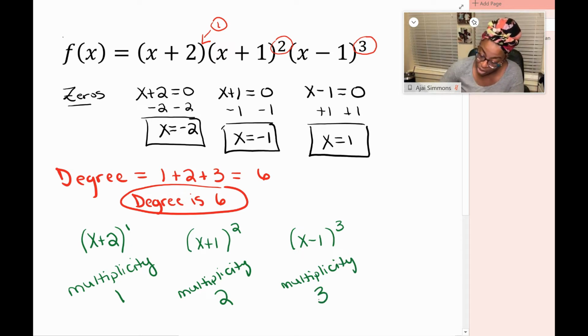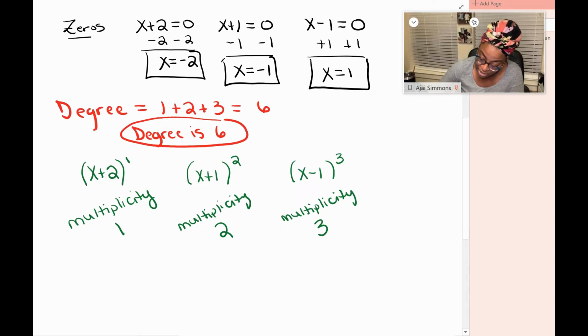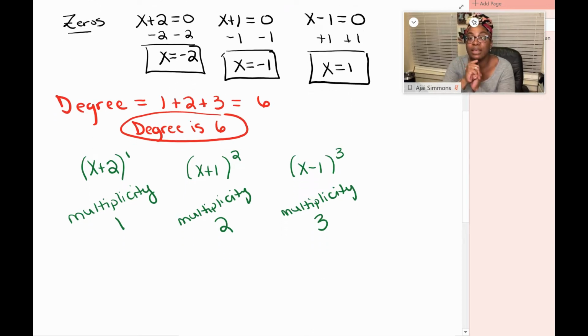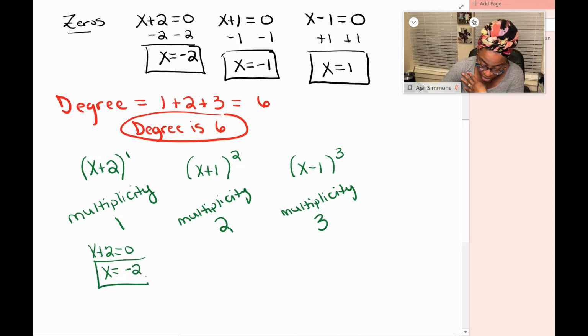Okay? And what that multiplicity means is it's telling you if the graph goes through or actually touches at the actual zero. So if I have x plus 2, we found that if you set x plus 2 equal to 0, we got x equal to negative 2. Remember that when we were finding the zeros up here.